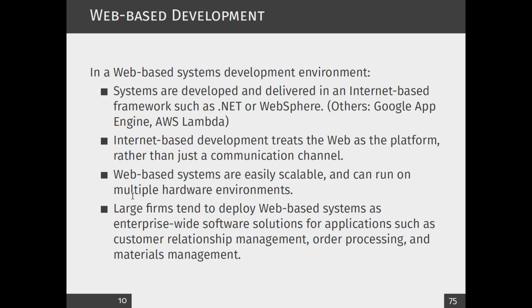So large firms usually deploy web-based systems in enterprise-wide software solutions for things like customer relationship management, order processing, and materials management.